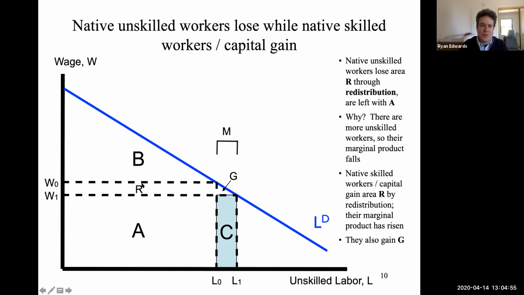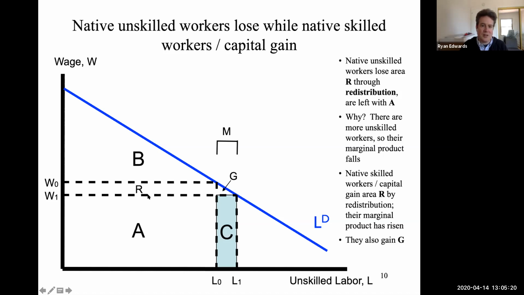In addition to gaining this area by redistribution, so back to the graph here, we've got rectangle R, and there's also this little triangle G. Now that is a net gain to the country as a whole from immigration, but it accrues solely to the other factors of production, not unskilled labor as shown in this model.